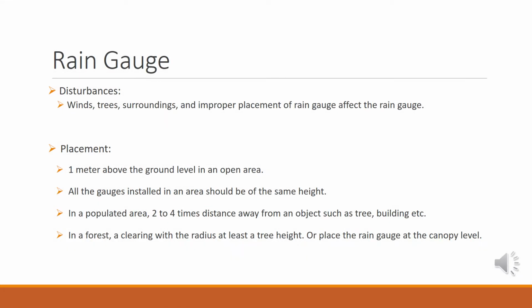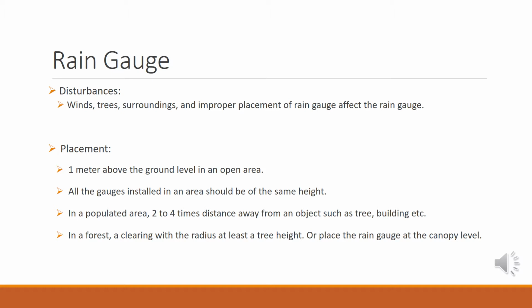Winds, trees, surroundings, and improper placement of a rain gauge affect the rain gauge, and can result in faulty or incorrect readings. The rain gauges cannot be put anywhere like some ordinary pots and objects. The standard placement of the rain gauge is that it should be placed 1 meter above the ground level, in an open area.